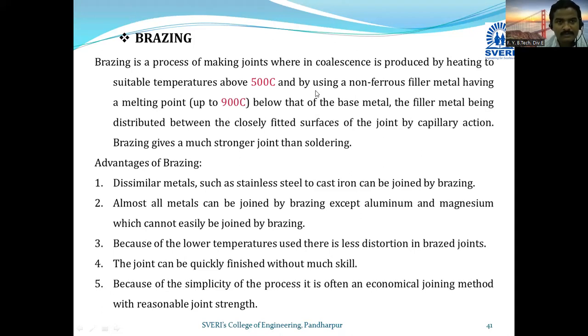It is the process of joining similar or dissimilar metals by heating them to a specified temperature above 450 degrees Celsius, but below the melting temperature of the workpiece, and using non-ferrous filler metals.